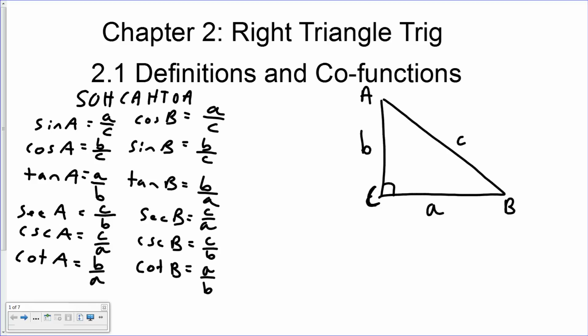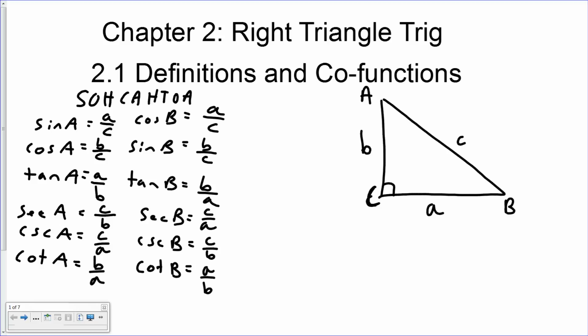And so what I'm going to look at is similarities between which ones equal the same thing. For example, I'm going to see that the cosine of A is equal to A over C and the cosine of B is equal to A over C. Those match. The cosine of A matches with the sine of B. The tangent of A and the tangent of B do not match.